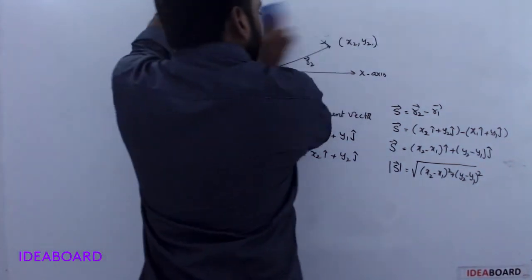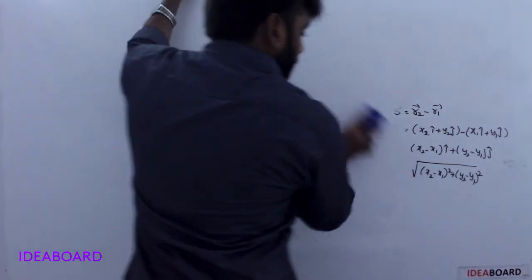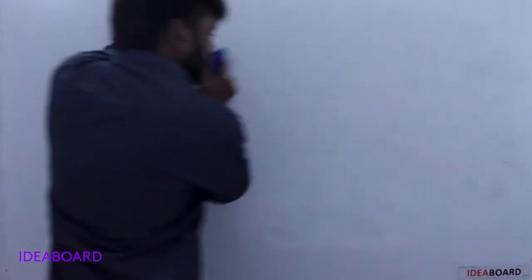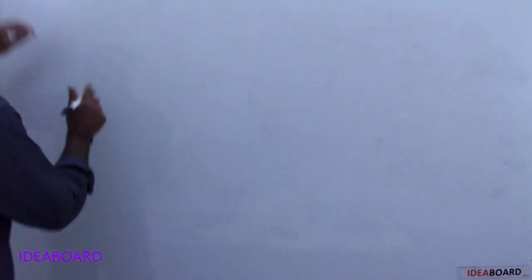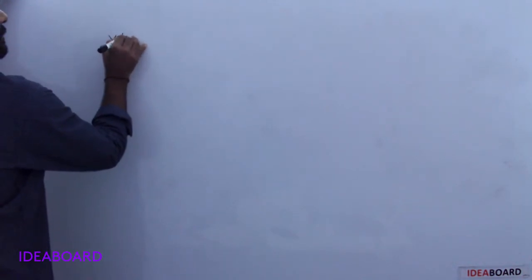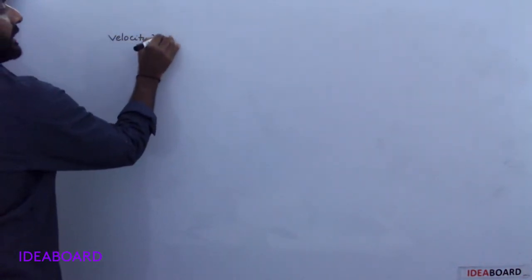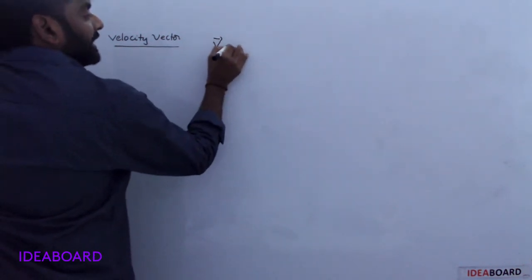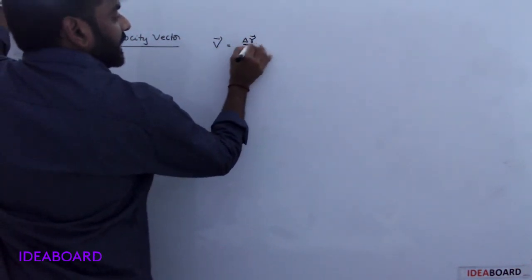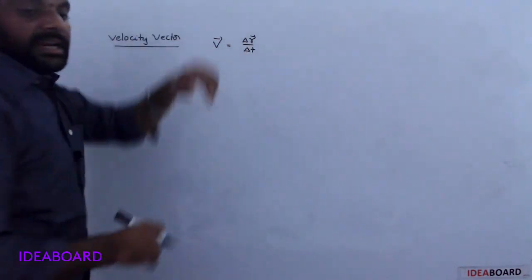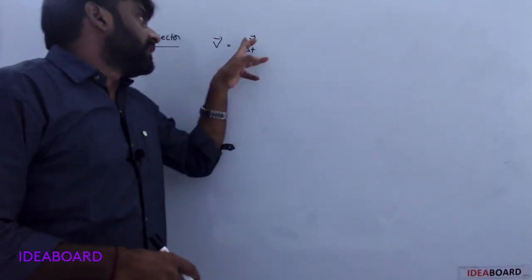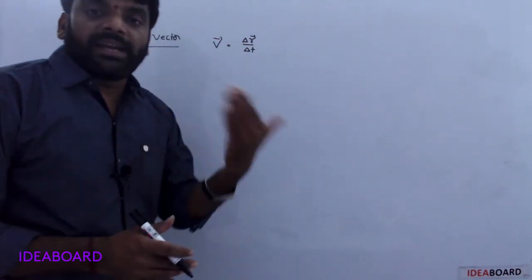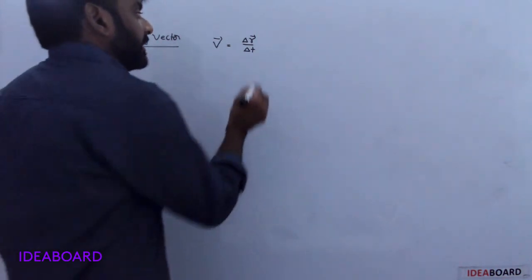Next one is velocity vector. See, v bar is written as delta r by delta t. Delta r means final position minus initial position.